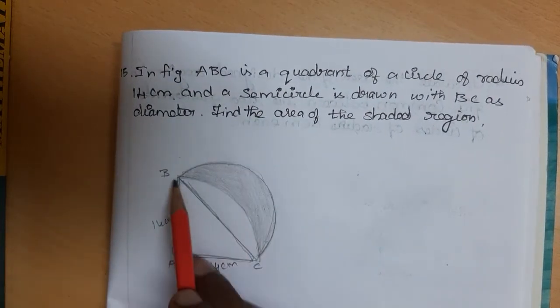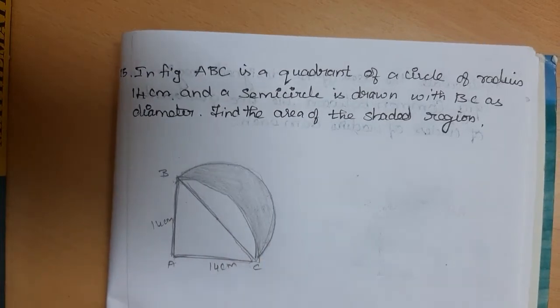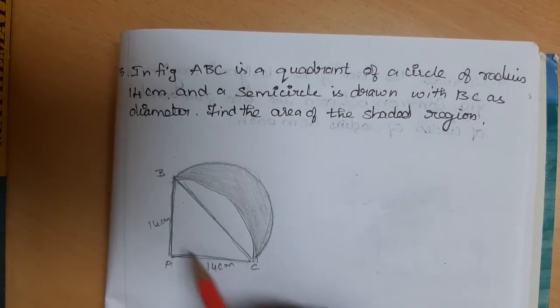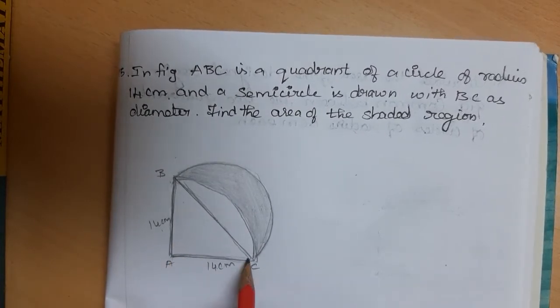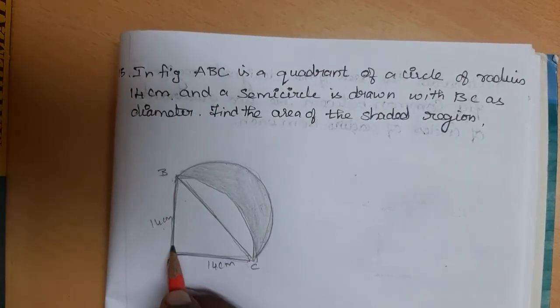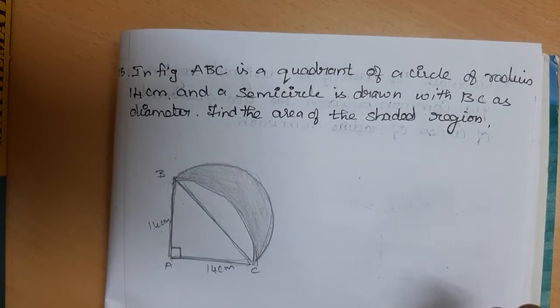From this whole figure, the quadrant is cut out. So that is the formula we have to create here. We have the radius for the quadrant, and since it is a right angle, the triangle is half into b into h.